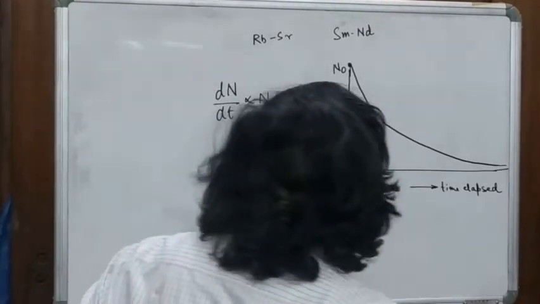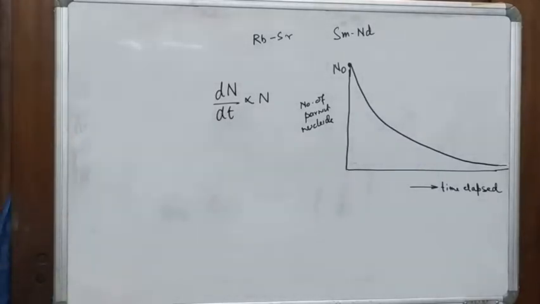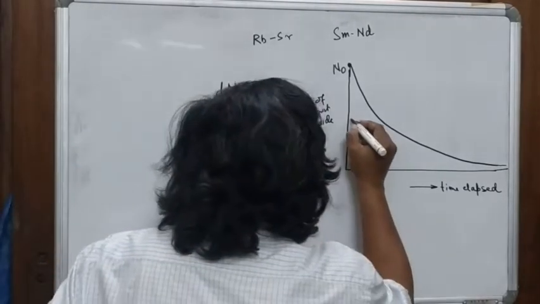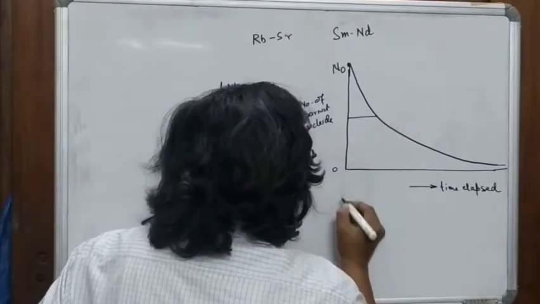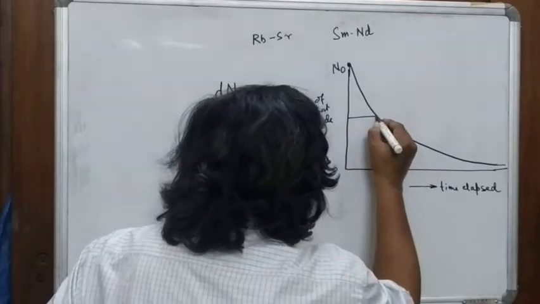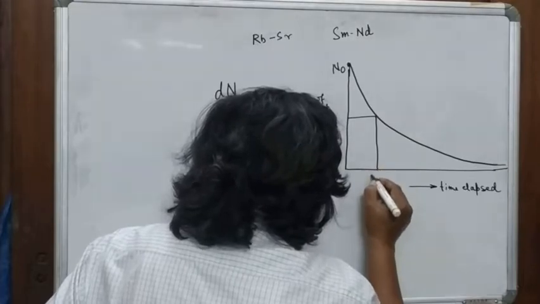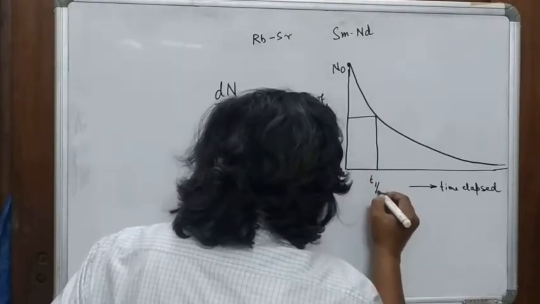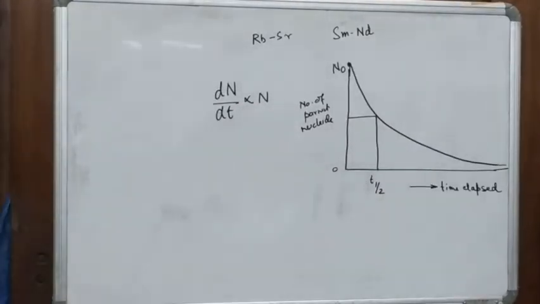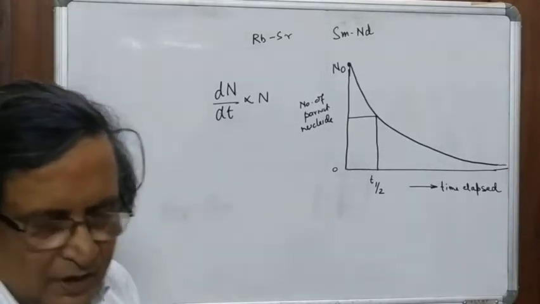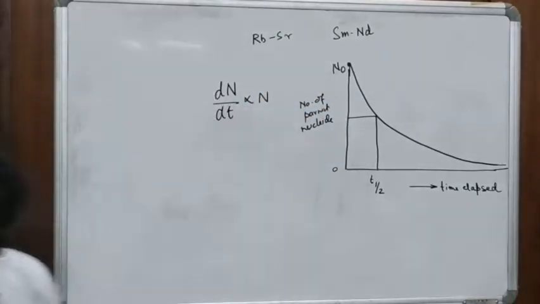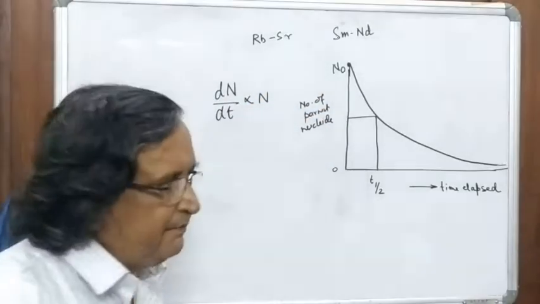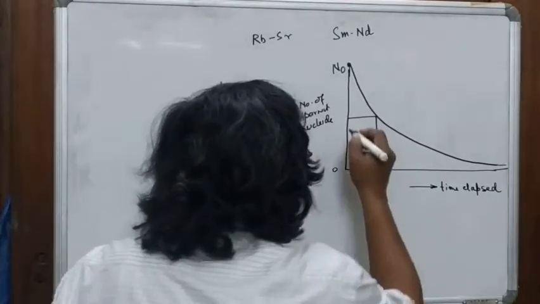Now, the important aspect of this curve is that once you have half the number of parent nuclei gone, then this happens at a particular time, and this is called T half. This is called the half-life of the isotopic system, which means the mass of the parent isotope is reduced to half the numbers. Then you have the other half.